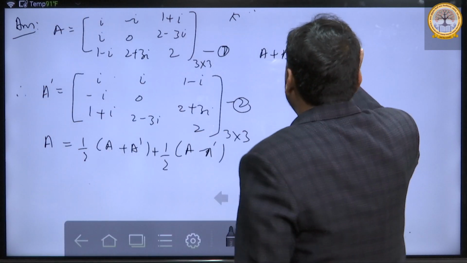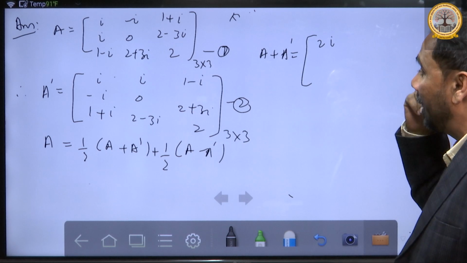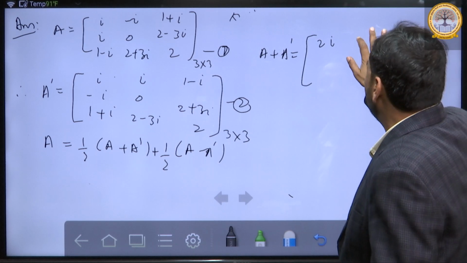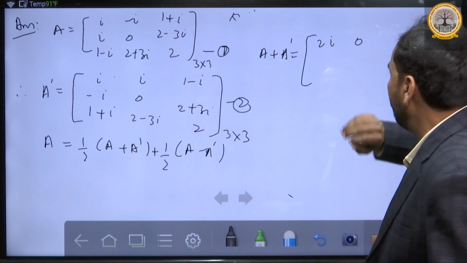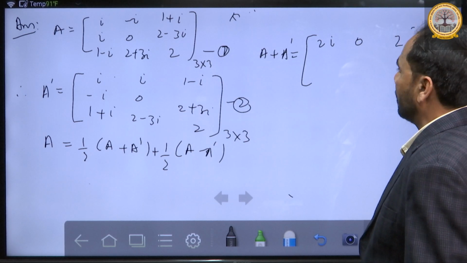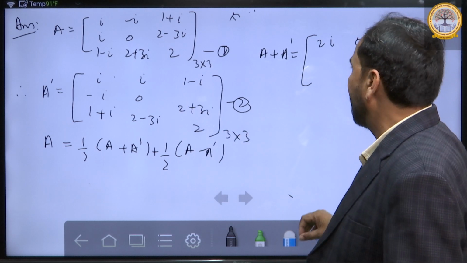So i plus i is 2i, and minus i plus i is 0. Then 1 plus i and 1 minus i is 2, and then minus i plus i is 0.